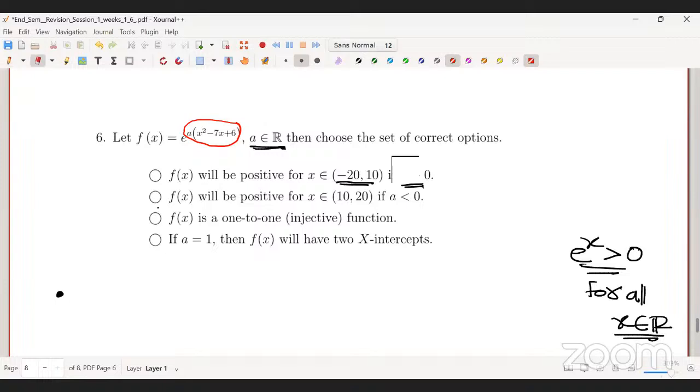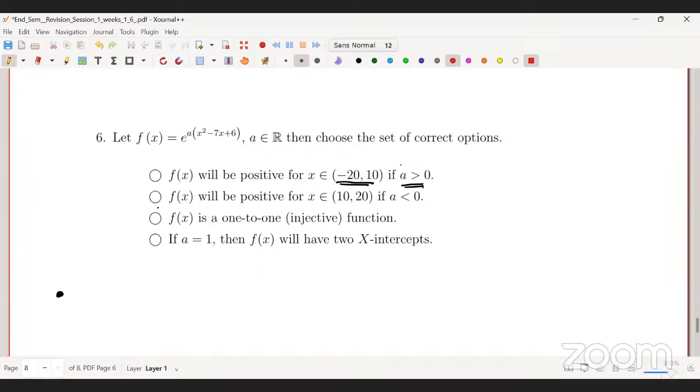It's completely irrelevant. So in both the cases, this f of x is always positive, right? So that's why this option 1 is correct, as well as option 2 is also.